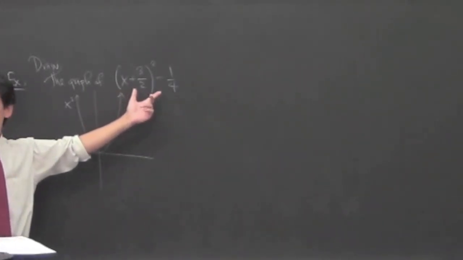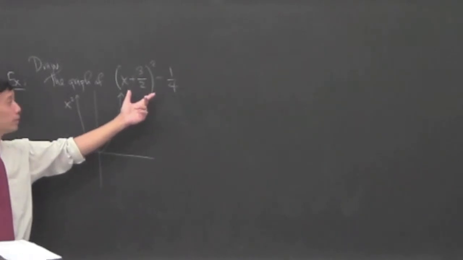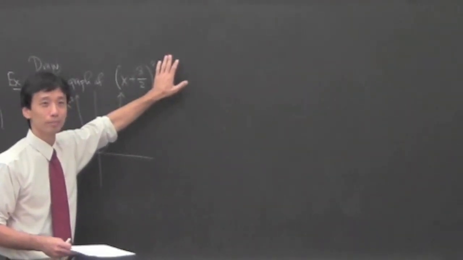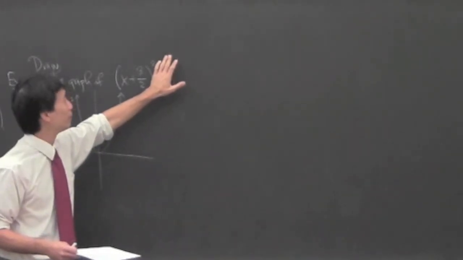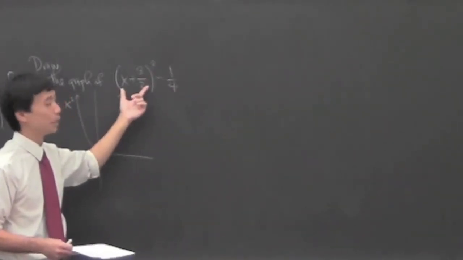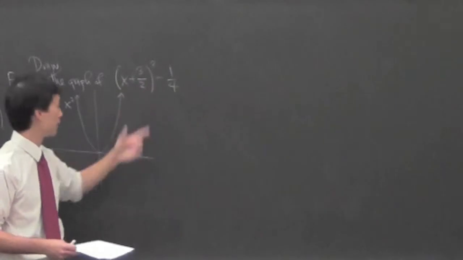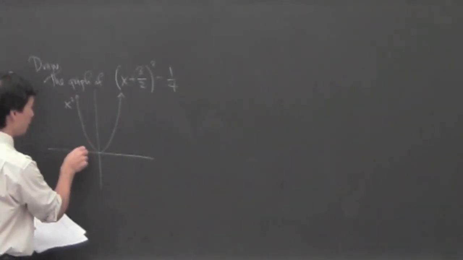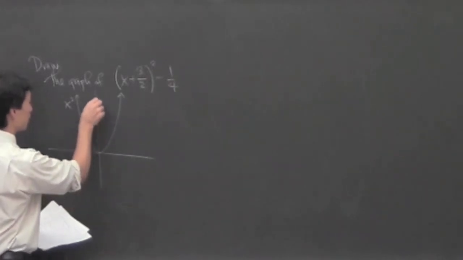Well, the first thing we do, if I didn't have this 1/4, is move it to the left. We moved it to the left by 3 halves. We've sped up time by adding on 3 halves seconds, so we go 1.5 and we shift it over here.